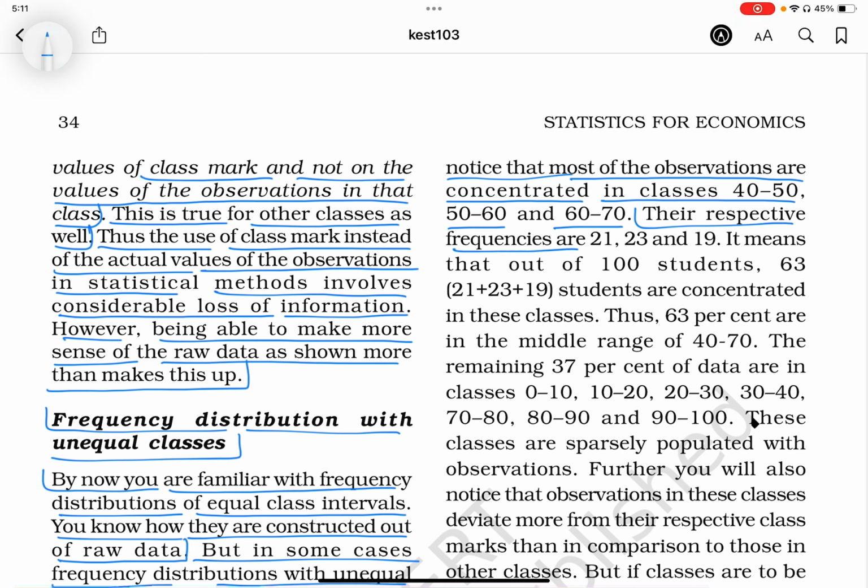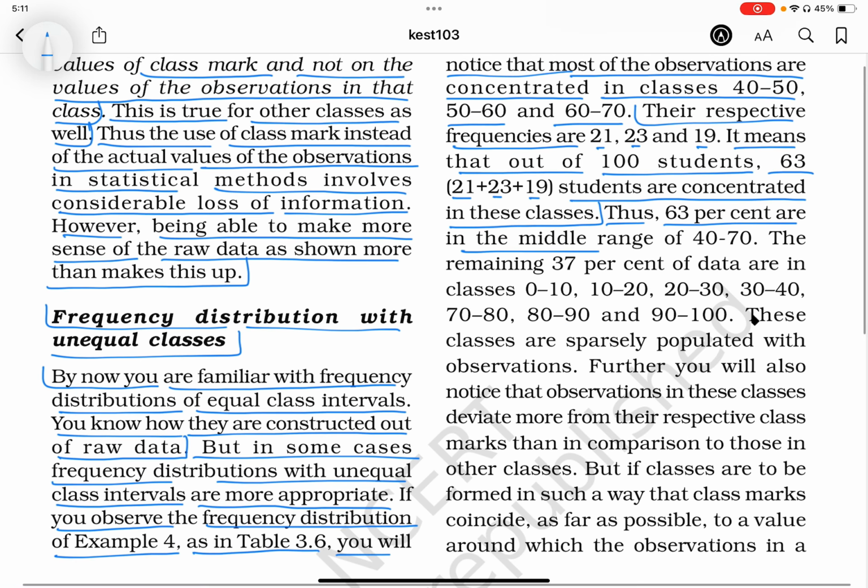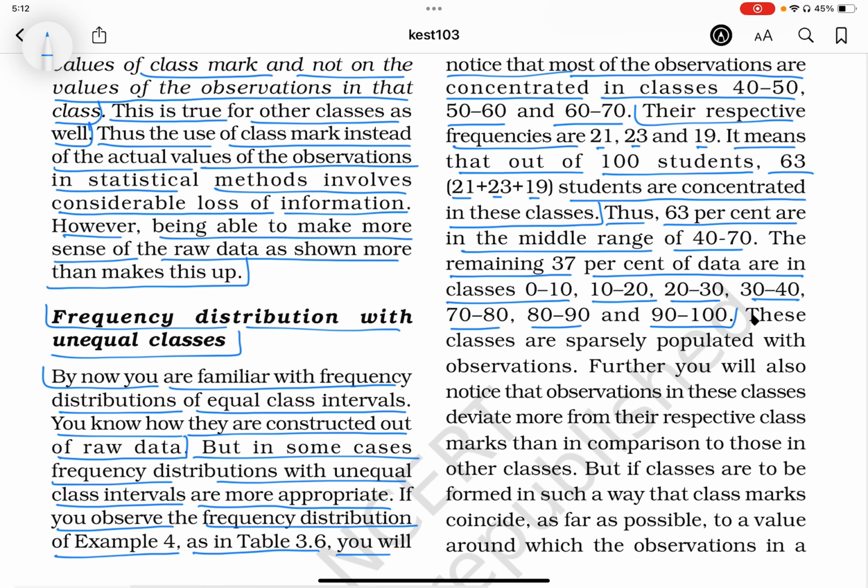Their respective frequencies are 21, 23, 19. It means that out of 100 students, 63 students are concentrated in these classes. Thus, 63% are in the middle range of 40 to 70. The remaining 37% of data are in classes 0 to 10, 10 to 20, 20 to 30, 30 to 40, 70 to 80, 80 to 90, and 90 to 100.